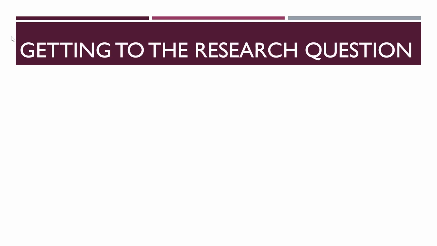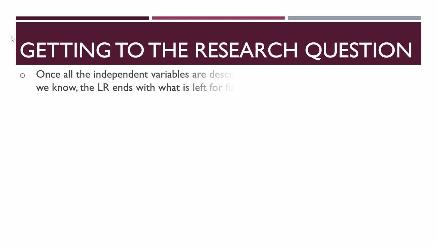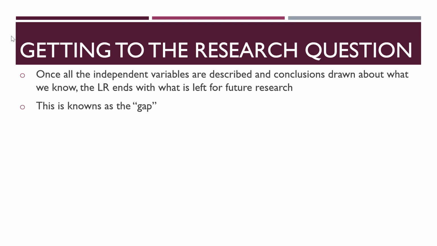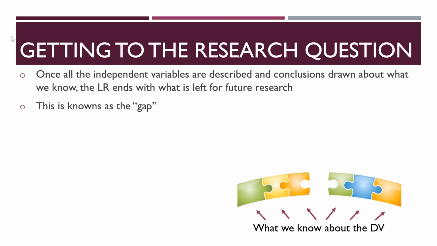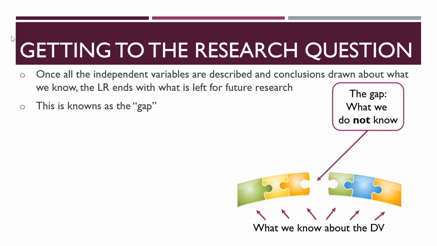Okay, so getting to the research question. Once all the independent variables are described and conclusions drawn about what we know, the literature review ends with what is left for future research. This is known as the gap. So if we imagine that this is the foundation provided by our literature review, so these puzzle pieces are the independent variables that we found were related to our dependent variable, then this is the gap, or what we don't know.